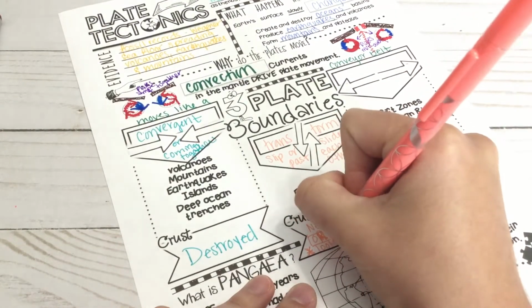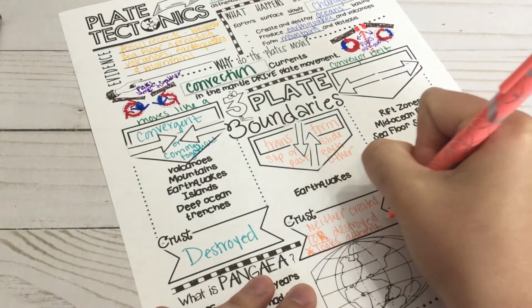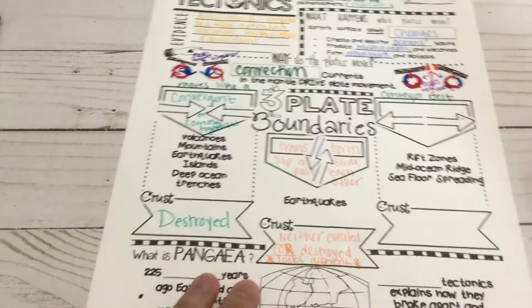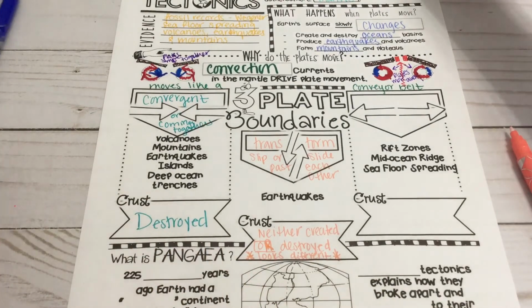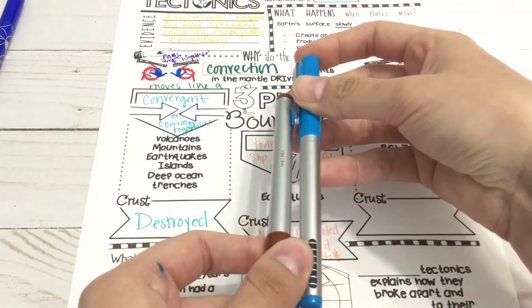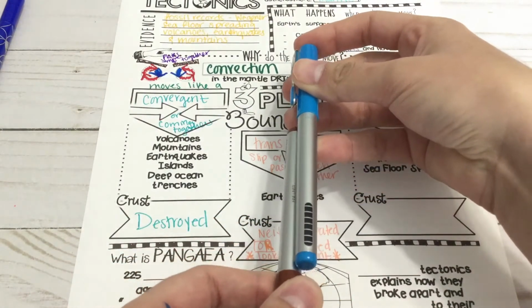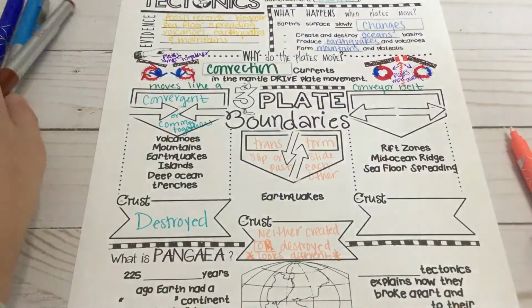It looks different. So while it's, here, I'll use pens. This will be better. So while they are slipping past each other, nothing's being created or destroyed, but it does look different.